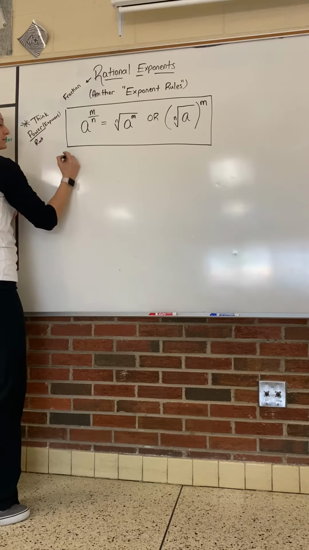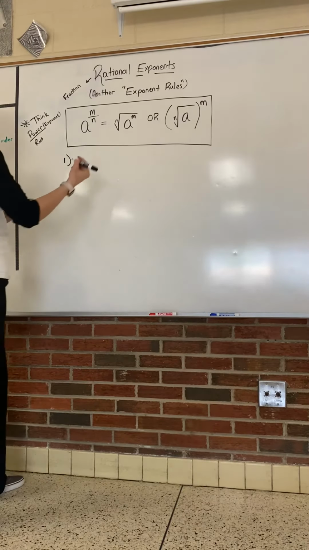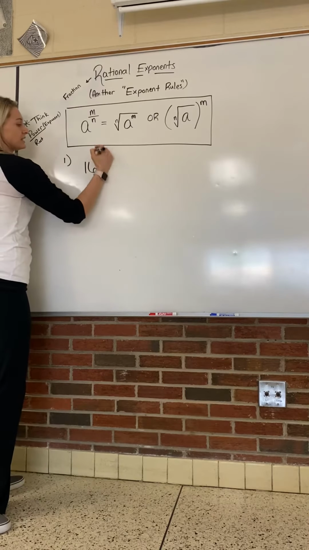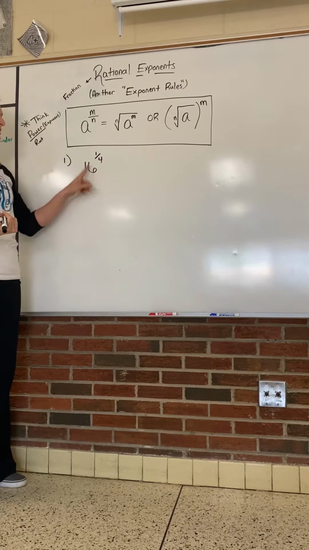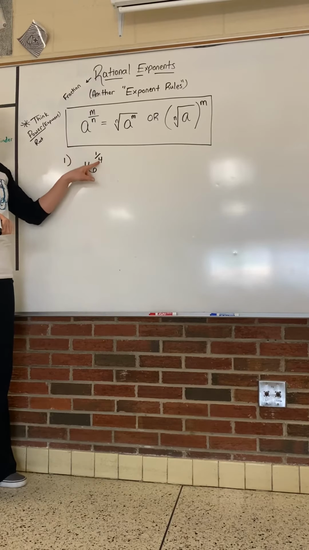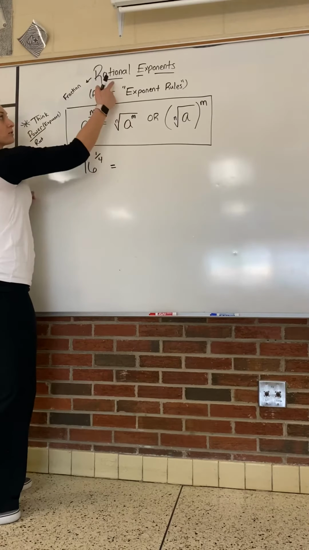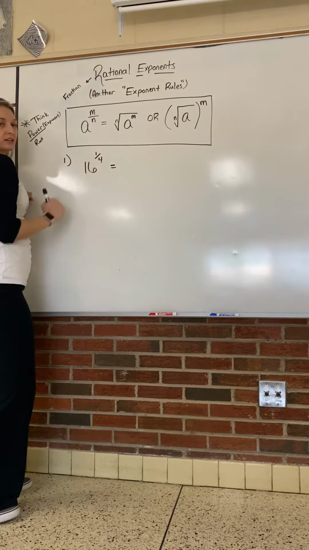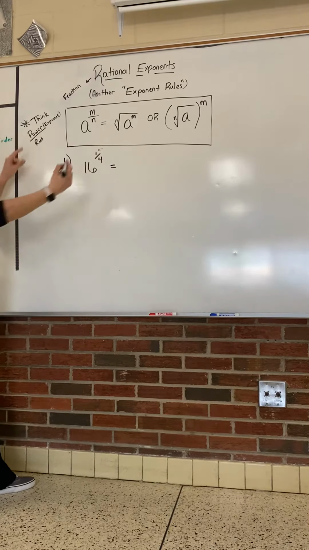Well, just an example that you could have with this is 16 to the 1/4 power. Notice you have a base and then you have a fraction as an exponent. So whenever you have a rational exponent, a fraction that's an exponent, you need to think the top number, remember, is your power.